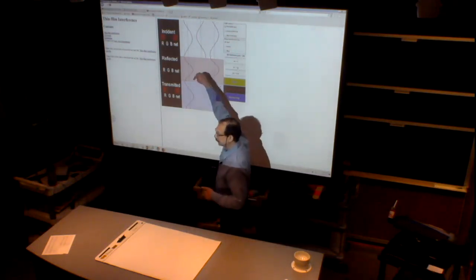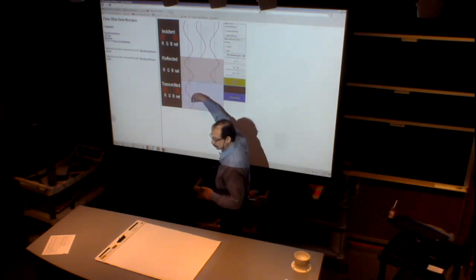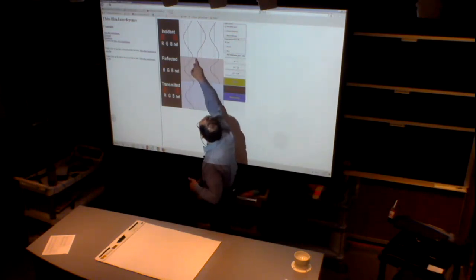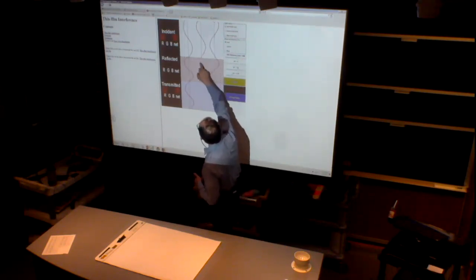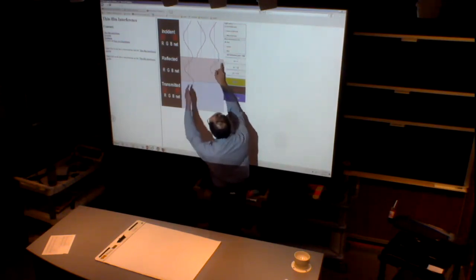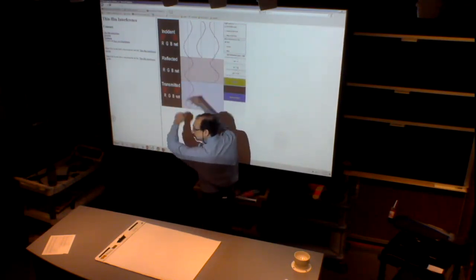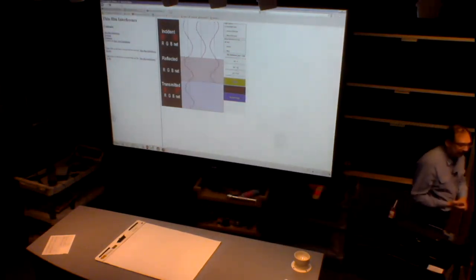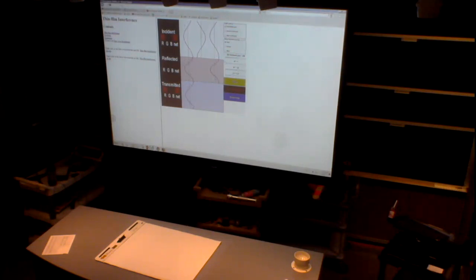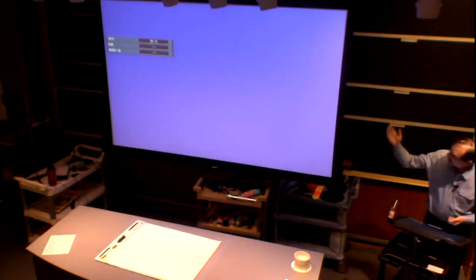So this is the original incident ray. Here, the first reflection happens. Here, the second reflection happens, and here we can observe interference. In this particular case, what we see is a destructive interference. Those two waves are out of phase, but depending on wavelength or index of refraction, we can see different situations. So this is what thin film interference is about.